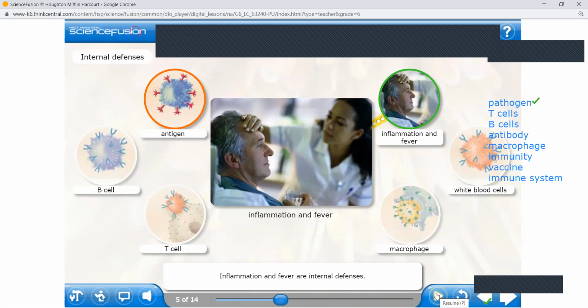If you want, please note it down in your notes, which are there after every lesson. Write down the word inflammation means redness. That area becomes red. It can be muscle inflammation, bone inflammation, any inflammation. Inflammation means redness in that area. It becomes red in color, okay? And it's painful.